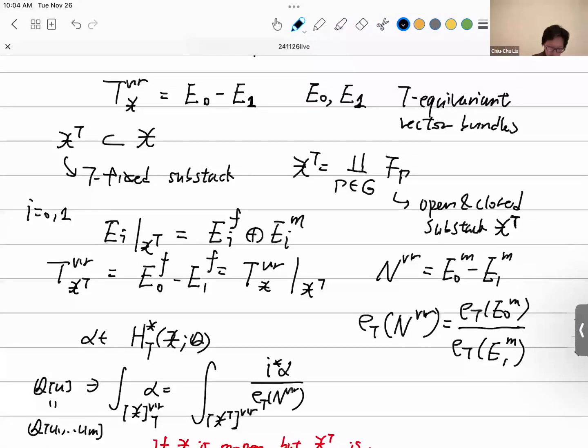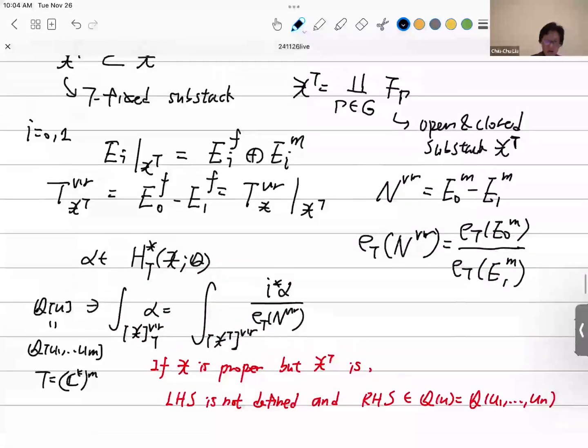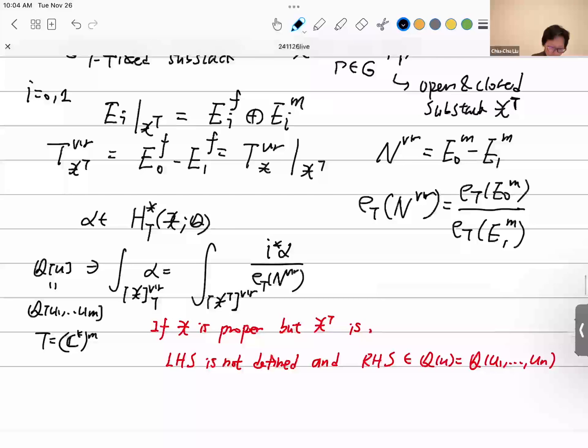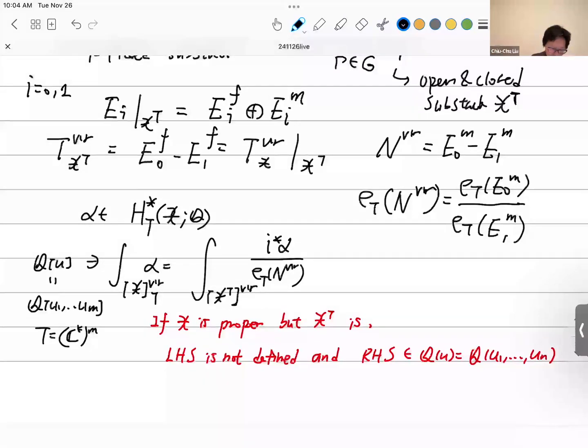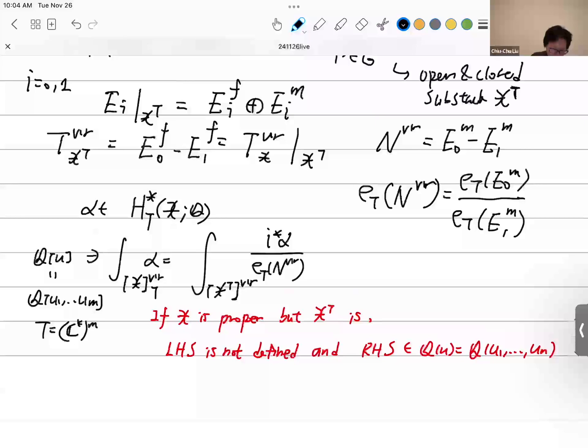Okay, so now with this notation, we are ready to state the localization formula. So if we have an equivariant cohomology class alpha, and we pair it with the virtual fundamental class, this will give us an element of the equivariant cohomology of a point, which is a polynomial ring, polynomial in the u_i's.